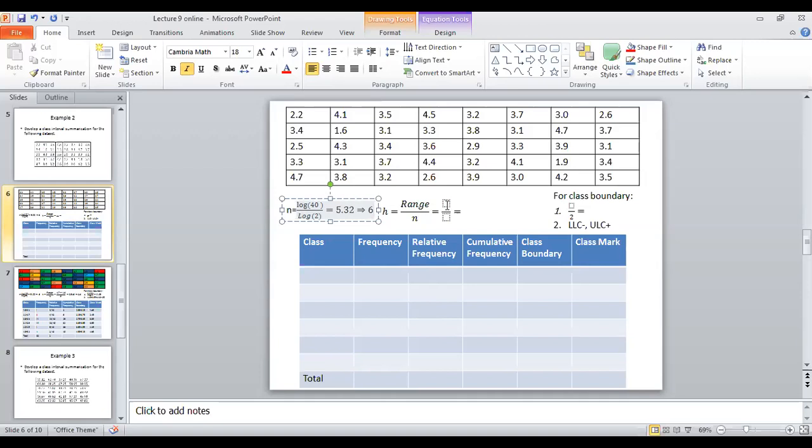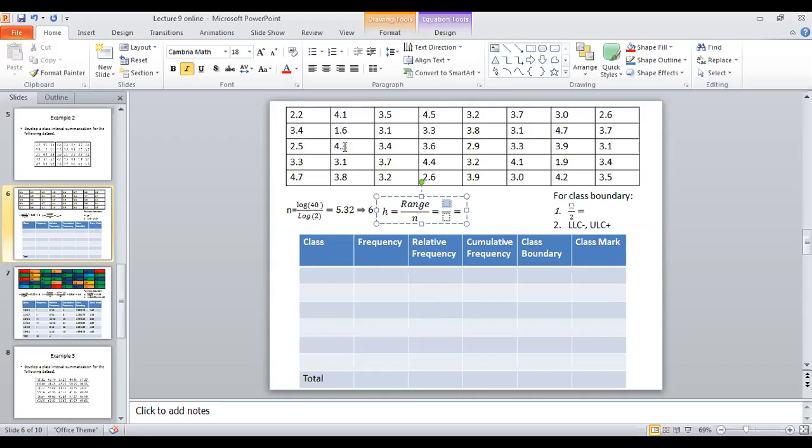Now next we find the class height, and class height is range upon n. For range we need the maximum and the minimum values of our data set. So we start with 4.7 in the first column, and we check this 4.7 against every column. If we get a value greater than 4.7, then we will discard 4.7, otherwise we will retain it.